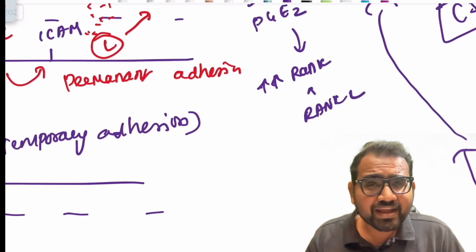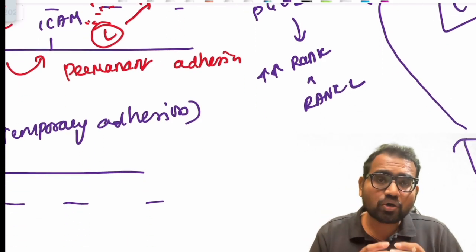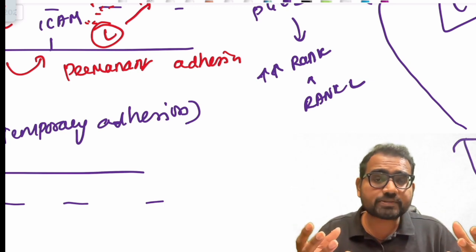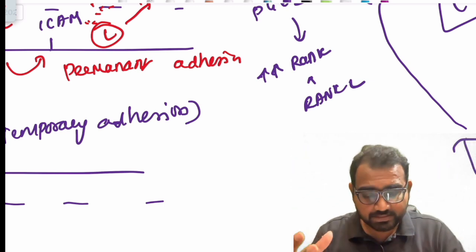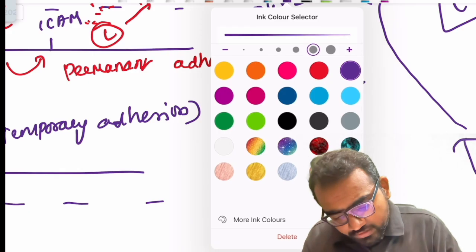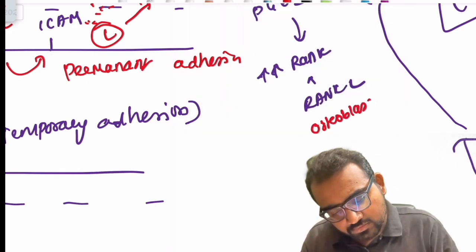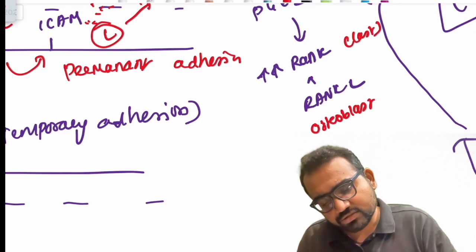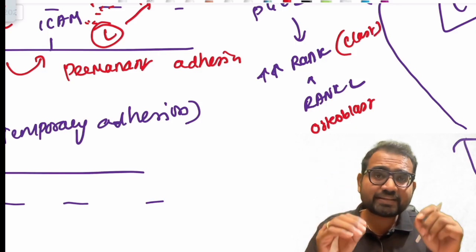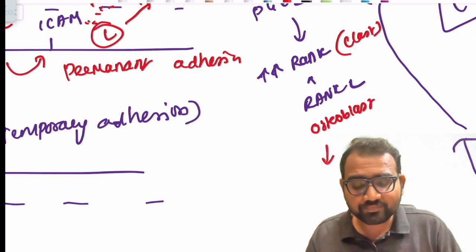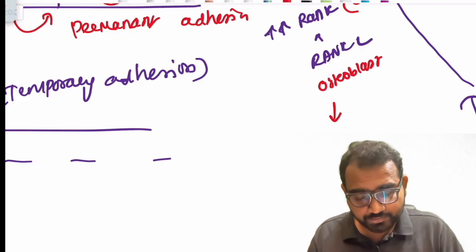So what are RANK and RANKL? RANKL will be present on osteoblasts, RANK will be present on osteoclasts, as cell surface receptors. Only when these are expressed, there is going to be bone resorption.